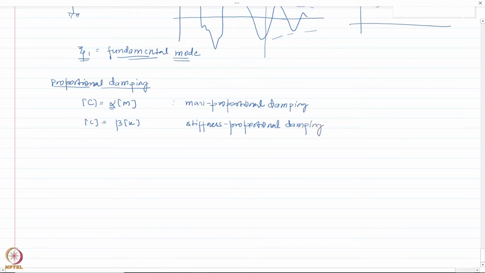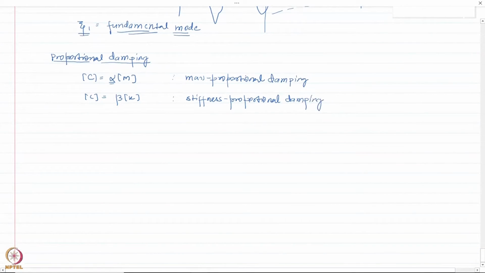But the question might come, what is the physical significance? How can we simply assume it to be proportional to the mass or stiffness matrix? Well, in reality, maybe the stiffness proportional matrix can be justified by saying that my damping matrix represents the relative velocity between 2 points, and the stiffness matrix represents the relative stiffness between 2 points, like a storage stiffness.